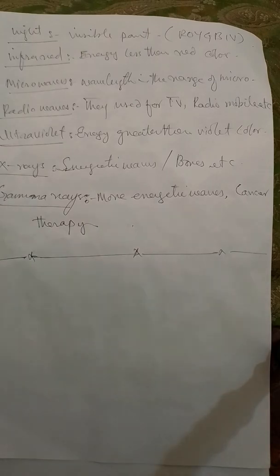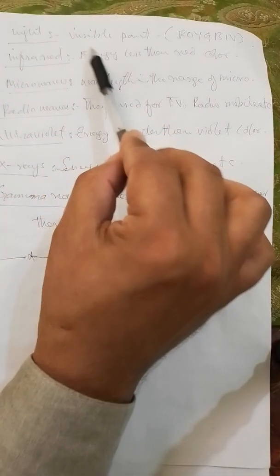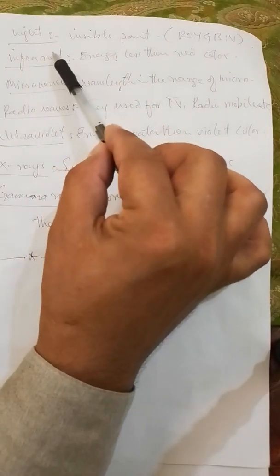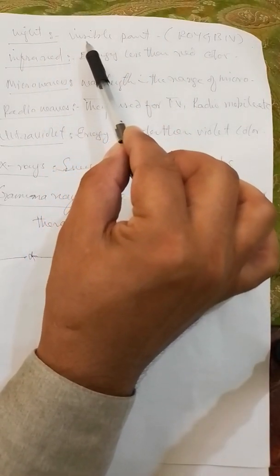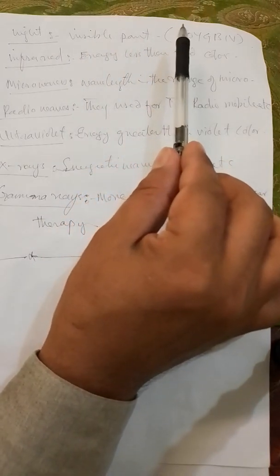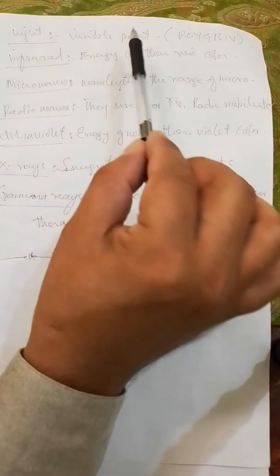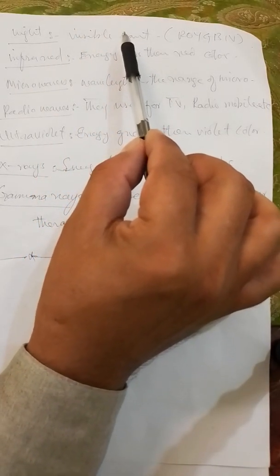The first one is the visible light part of the electromagnetic spectrum. This visible region of the spectrum, most familiar to us, is the electromagnetic radiation emitted by the sun, sunlight for example.